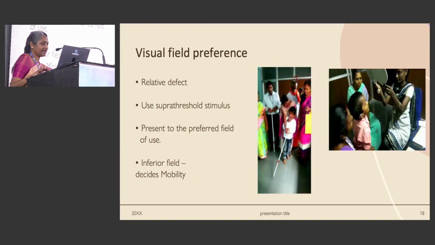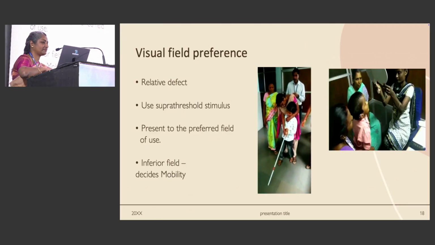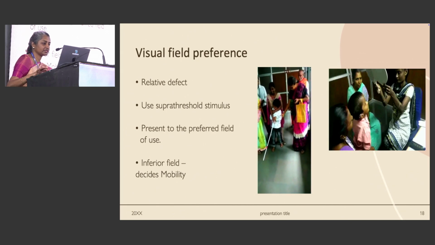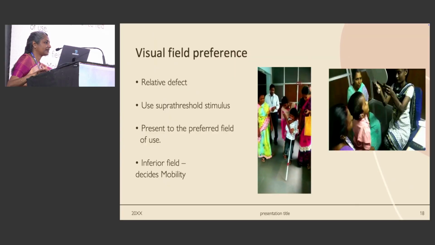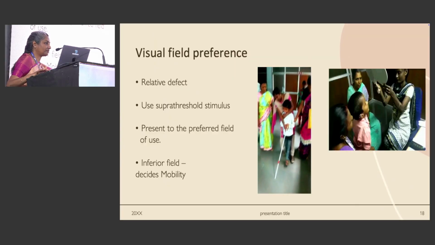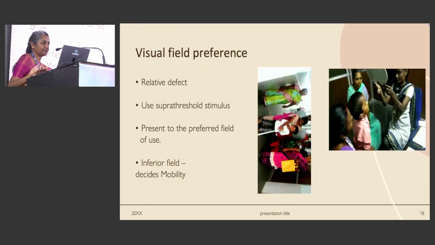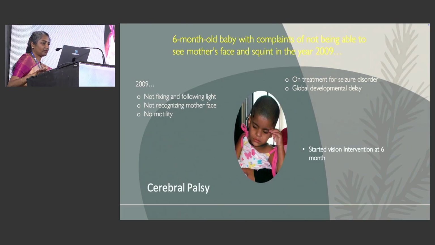But nowadays we have different options; if that is difficult, you can make the normal toys which the child uses serve such an approach. And the inferior field will decide the mobility. If they are not able to see, the child not getting the milestone of walking may be because of the inferior field deficit. So that part you need to remember. So communicable distance, that is important.